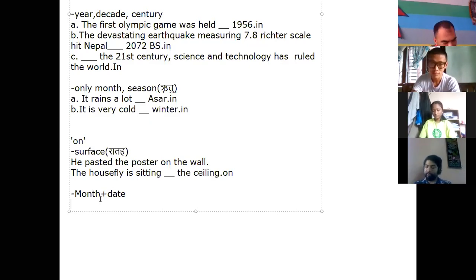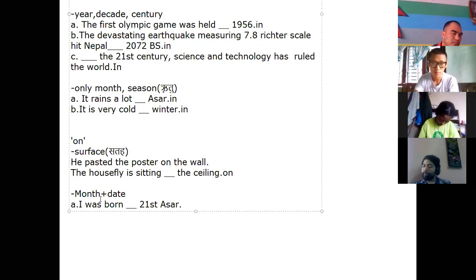If we're only using month, we use in, but when using both month and date, we must use on, right? So I was born dash 21st Asar. Now here we're using both month as well as date, so on.